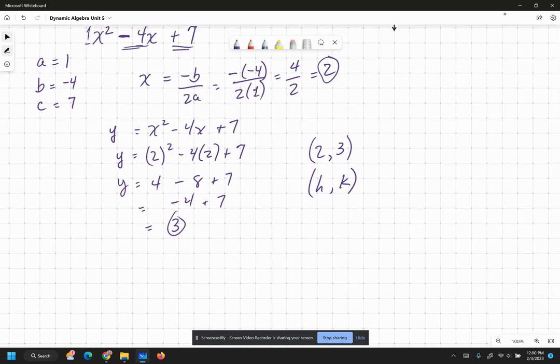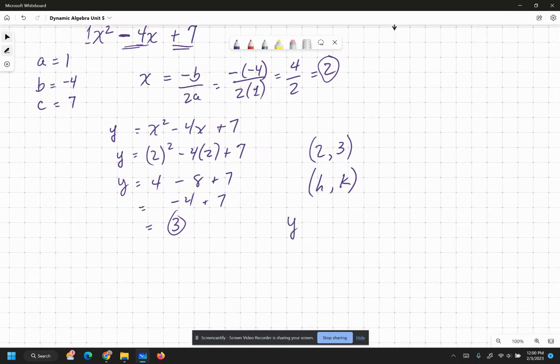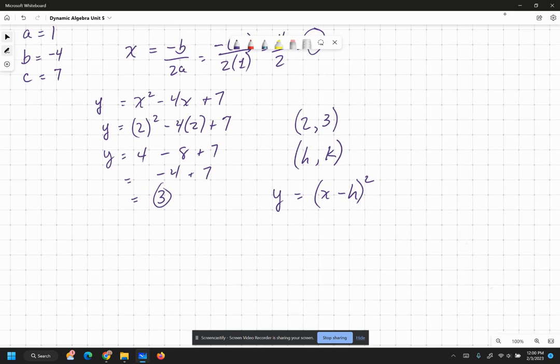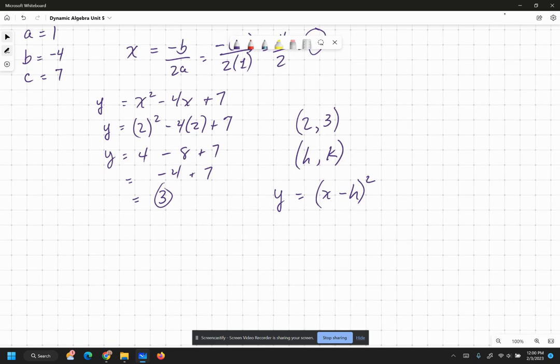Well, we know that the vertex form is y equals a times x minus h quantity squared plus k, and our a is unchanged. Our a transfers to the other equation. It was 1 here, so it's going to be 1 here. So we'll just get rid of it and call it 1. X minus h, plus k.